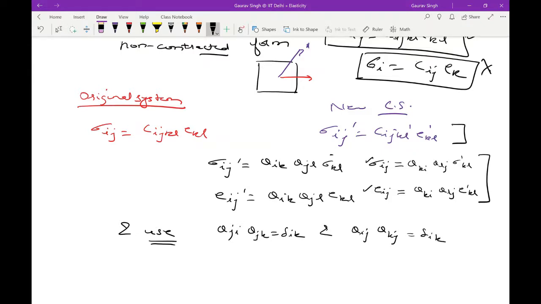These are the properties of the orthogonal transformations. Now combining this and this, we should be able to get this.